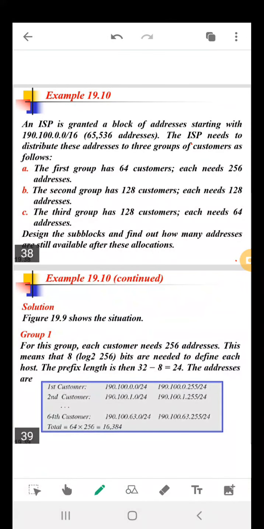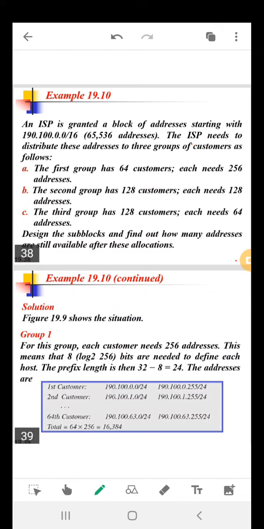So what I'm trying to say is that in the first group, each customer requires 256 addresses. That means how many bits out of 32 should be given for the host ID? The customer is going to change those bits and assign them to each device.